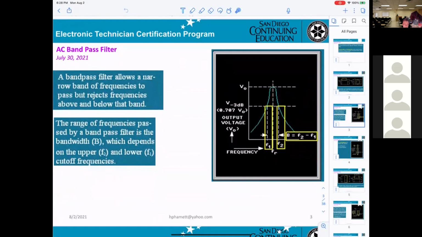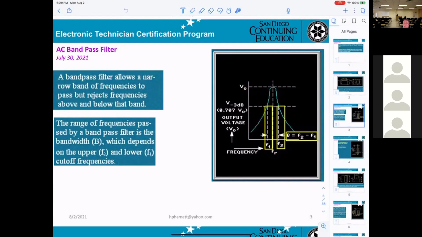Now, this one I believe I already showed you. This stands for V out. This is the resonant frequency right here, where you're going down. That's what they call FR, the resonant frequency.